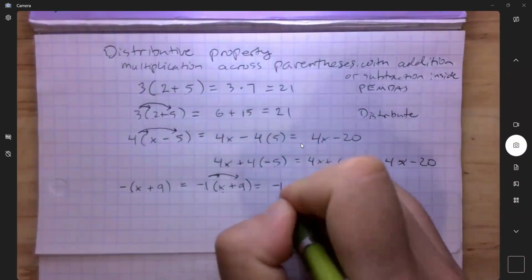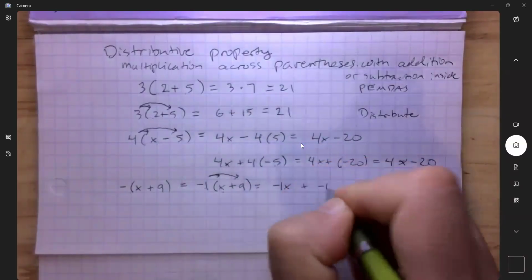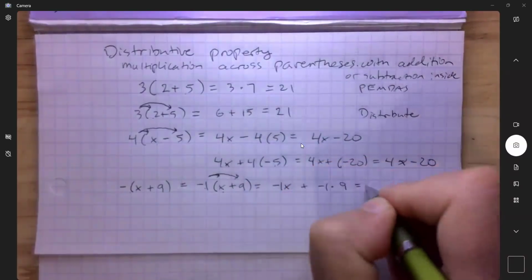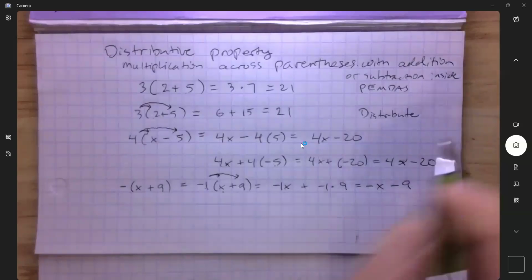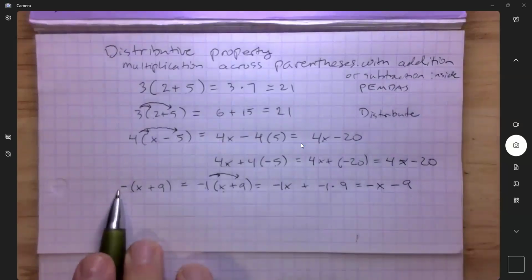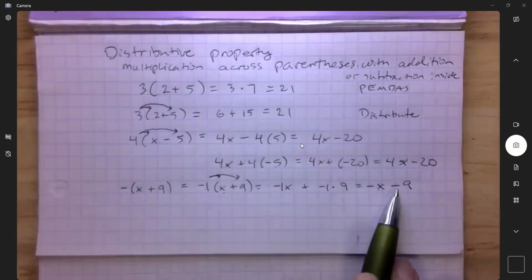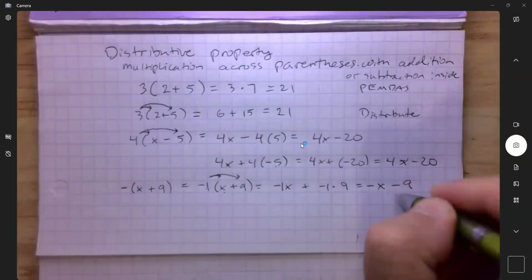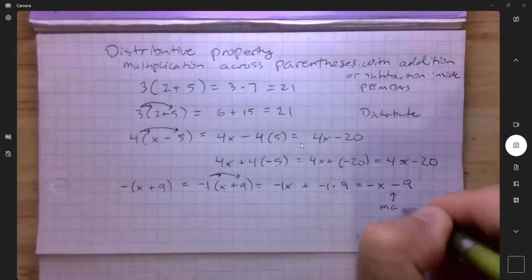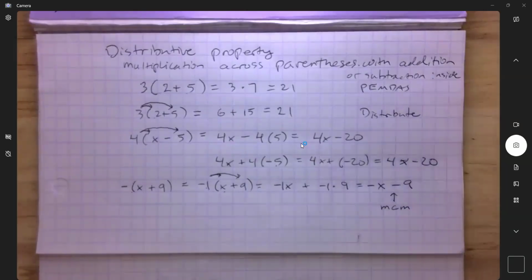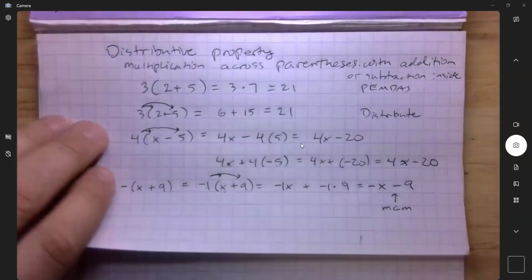Negative 1 times x plus negative 1 times 9, which is negative x minus 9. Negative of the quantity x plus 9 is negative x minus 9. And this right here is one of the most common mistakes, MCM, is forgetting that negative. Now let me show you another example.